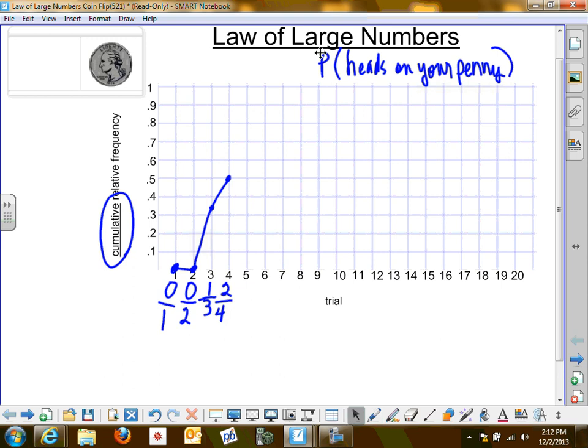Let's do one more. I'm going to flip the coin one more time. Where on that top part did I end up? I got a tails because the cumulative frequency is still 2 successes out of 5 trials, and that is 40%. So I want you to do your own on the graph below.